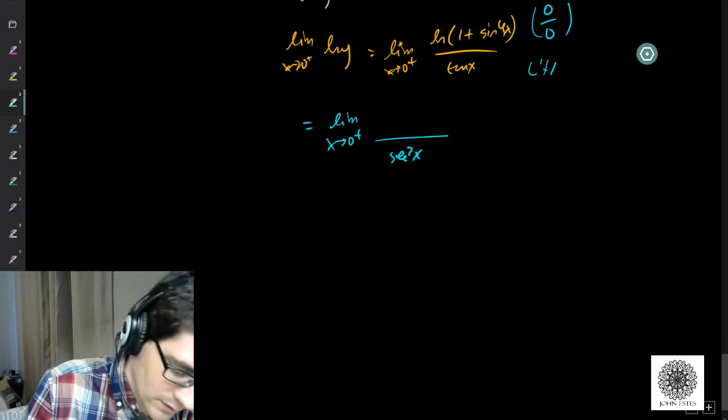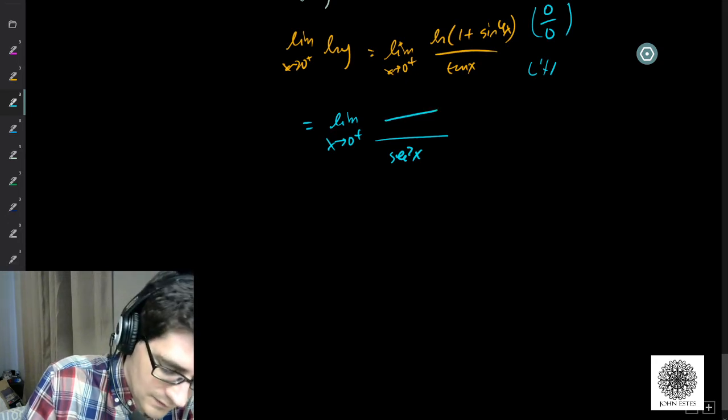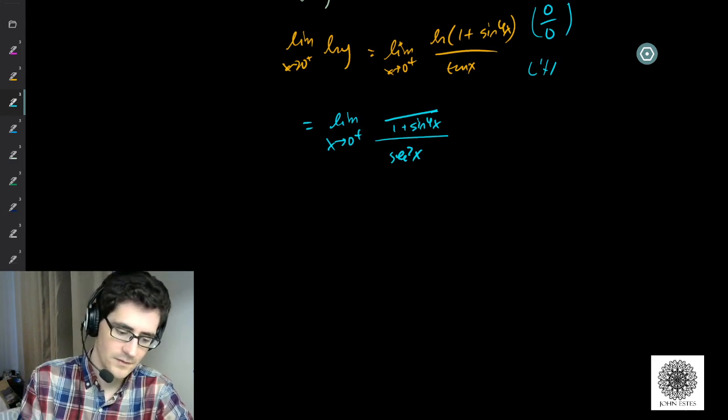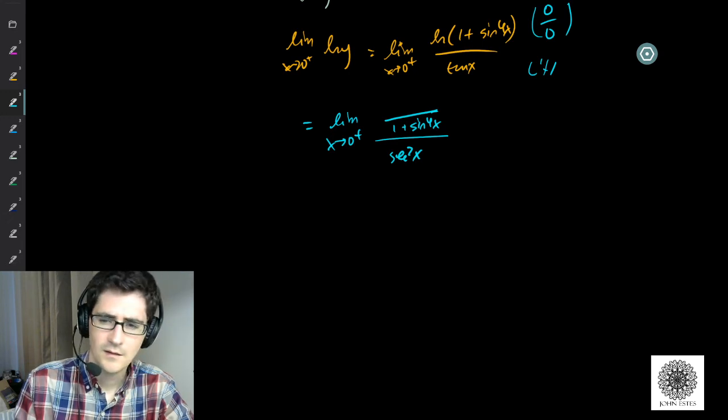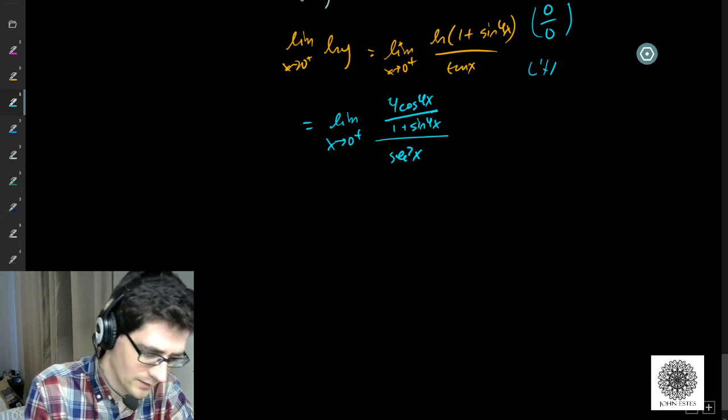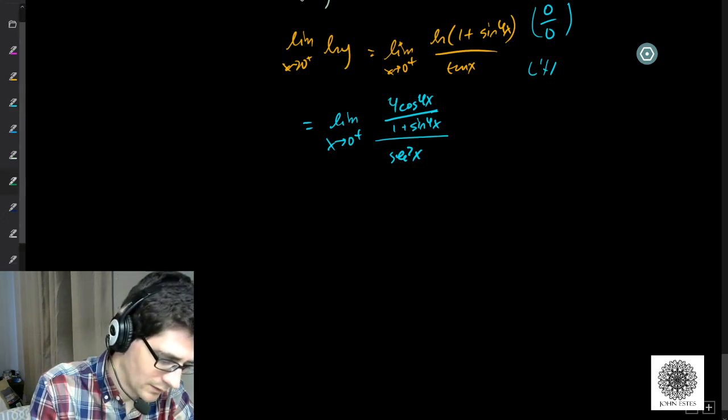So the 1 over u is going to be in the denominator here, 1 plus sine 4x. And the numerator is going to be that derivative. The derivative of 1 plus sine 4x is cosine 4x times the derivative of what's inside of that, so times 4. And that is chain rule that we had to use there.